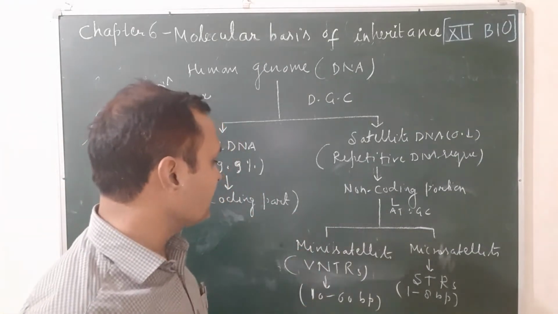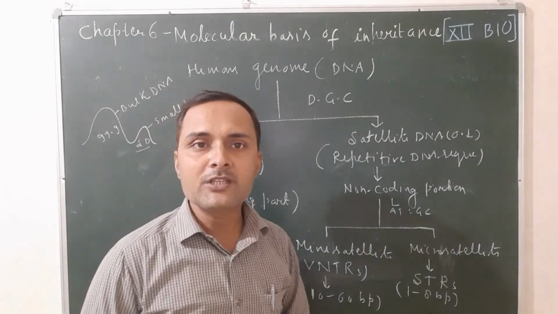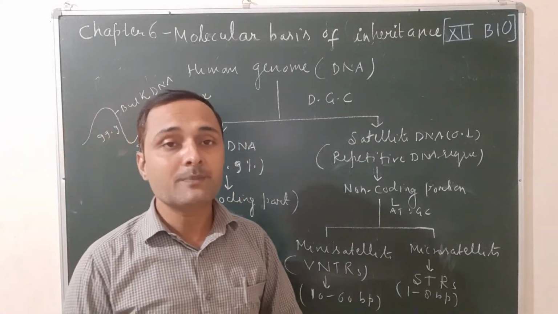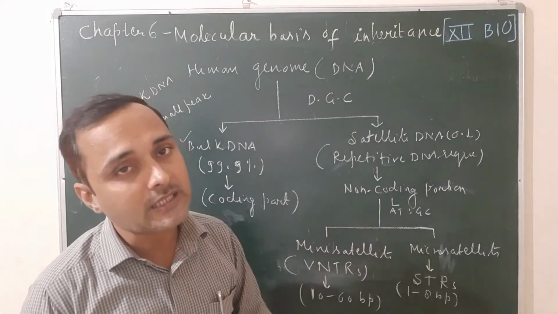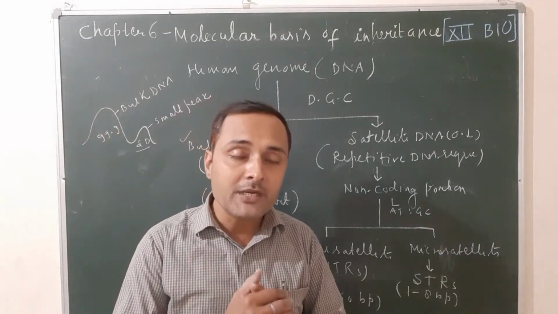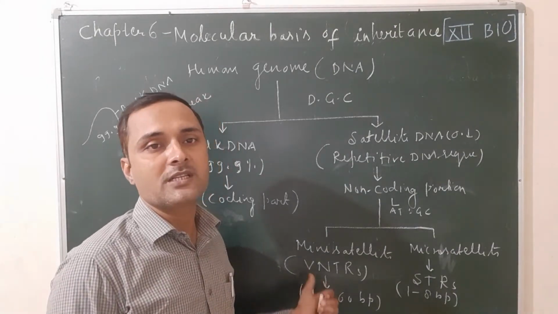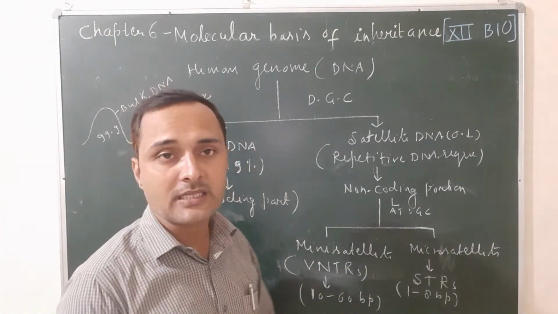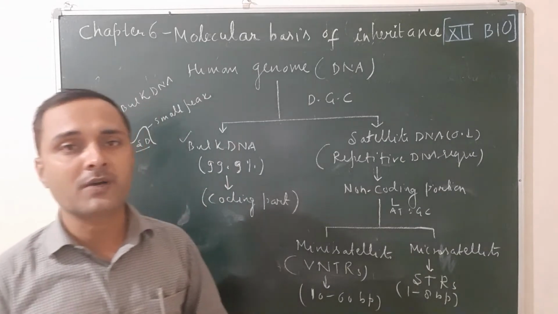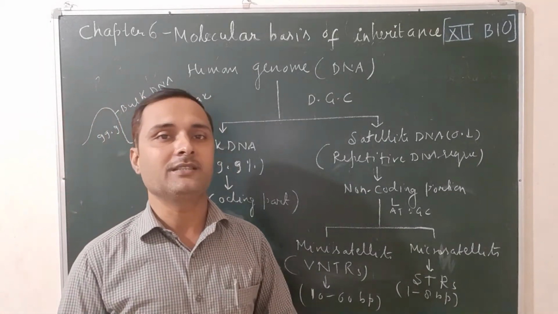Once again, what is VNTRs? A VNTR is a repetitive nucleotide sequence that varies from person to person, and it is responsible for the person's identity.